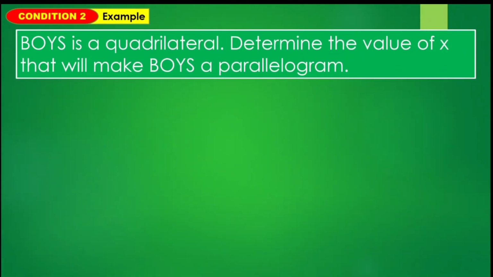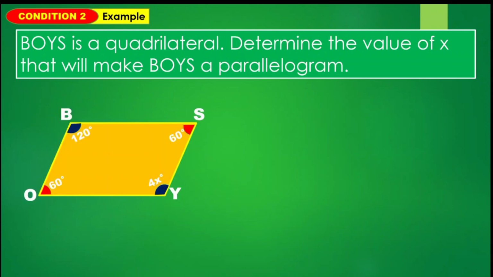Let's now have the next example. BOYS is a quadrilateral. Let's take a look. Determine the value of x that will make BOYS a parallelogram. In this problem, angle O and angle S are opposite angles, with angle S being 60. And angle B and angle Y are also opposite angles.